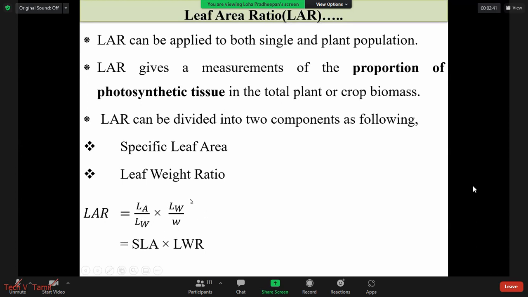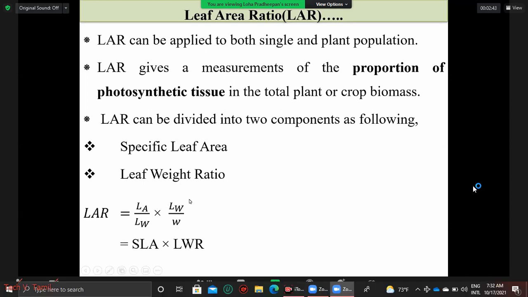And we already studied the leaf weight ratio, that is leaf weight over plant weight. So these two can be cancelled, because this is also leaf dry weight. This is also leaf dry weight.